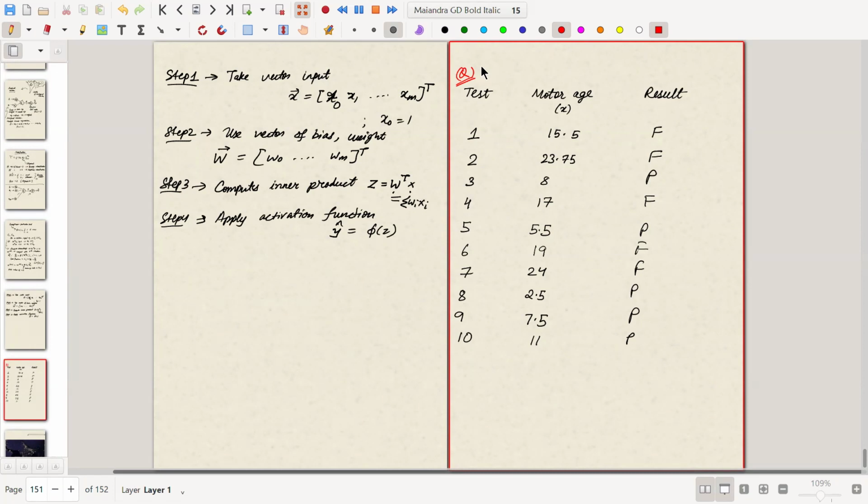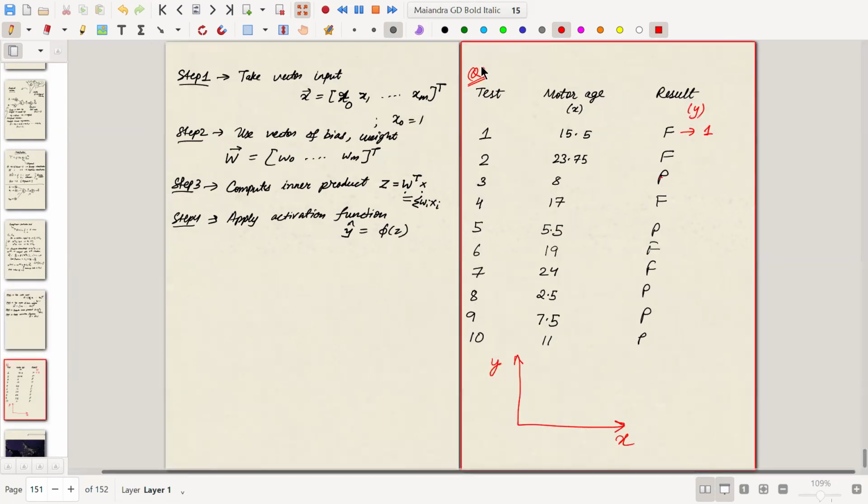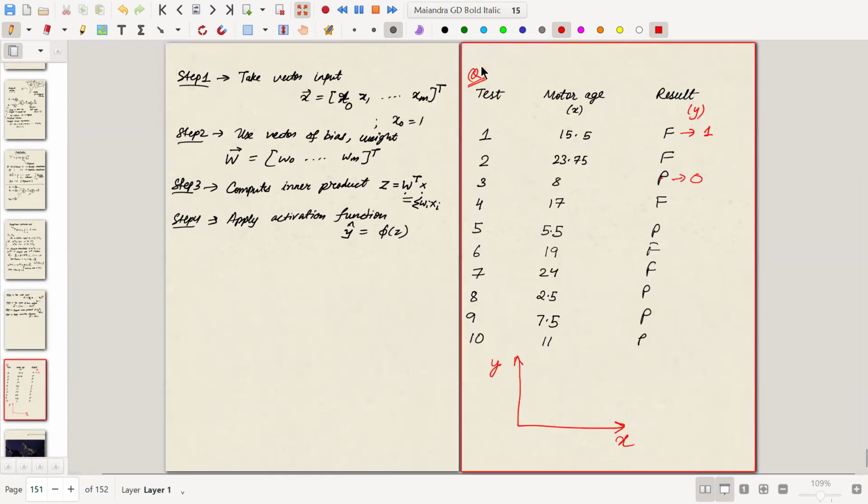Now, if you plot this data set, y versus x. What is the y? Suppose here is the y. Maybe fail I will allow 1, and pass I will allow 0. Then can you intuitively think that 0 is here, 1 is here, few values will lie here, and few values will lie here?